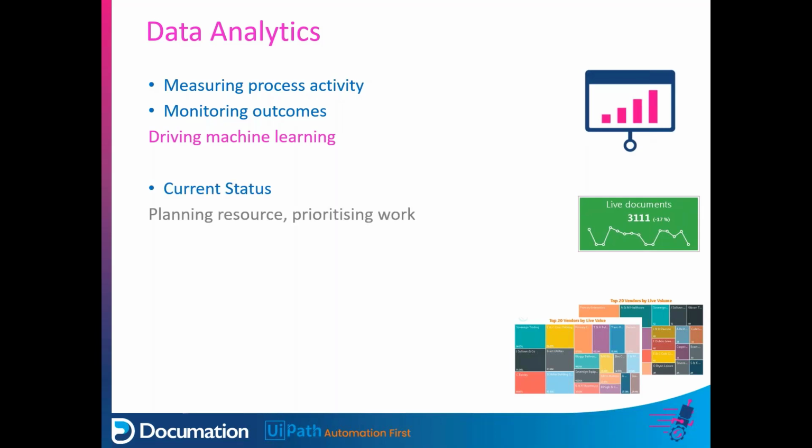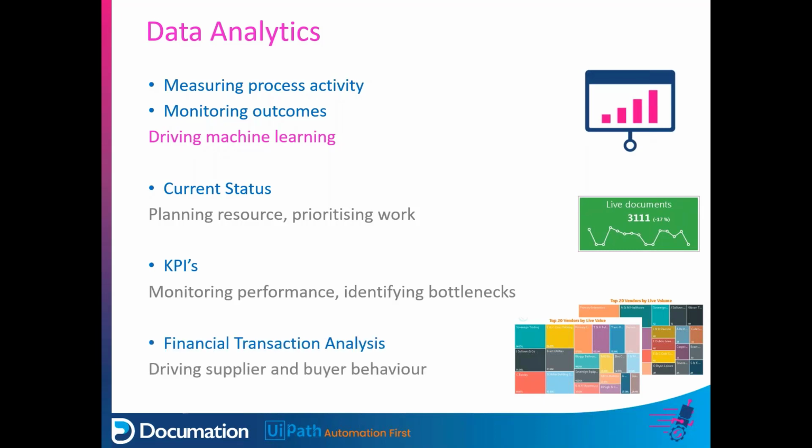Data analytics helps in other ways too. With BPM in particular, it gives us analysis of our current status of our accounts payable solution. Planning resource becomes easier, and so does prioritizing work. It brings monitoring against KPIs, which allows us to identify bottlenecks.